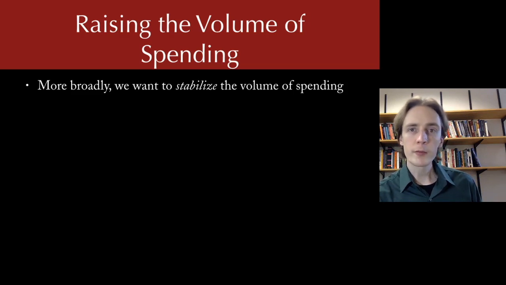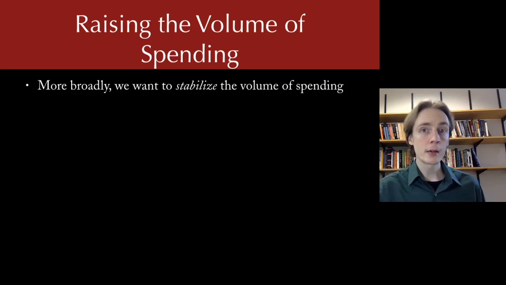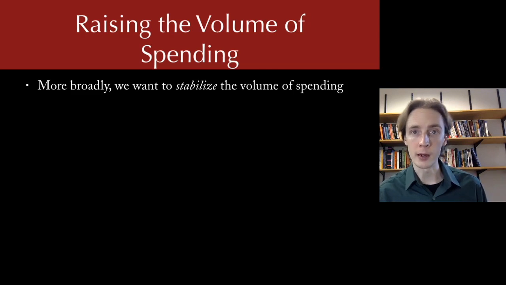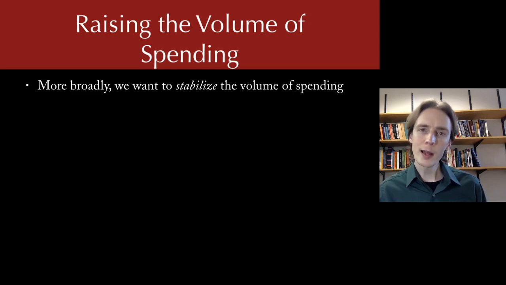Right, we don't want the volume of spending to be rising or falling or doing anything too crazy, because that's going to force prices in general to rise or to fall. And that's going to not only cause recessions and booms and misallocations that way, but it's also going to cause people to change prices for reasons that don't really reflect underlying demand conditions. Right? So the less of that we can do, the better.